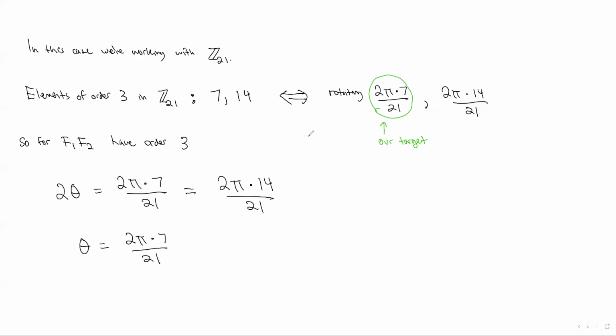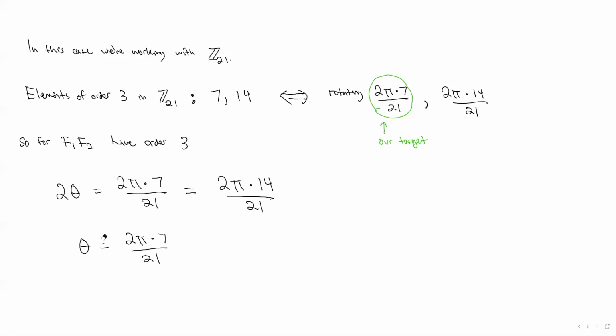Right now the translation between rotations and elements of Z21 is clear. It'll take a bit of time to explain how to translate reflections between that and Z21. But the point practically is, when you divide by 2, make sure the angle you get is actually a possible angle.